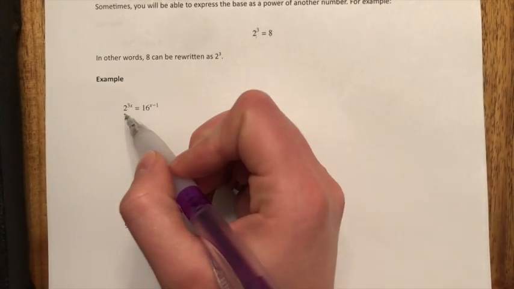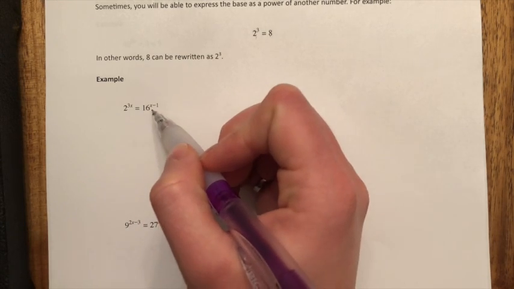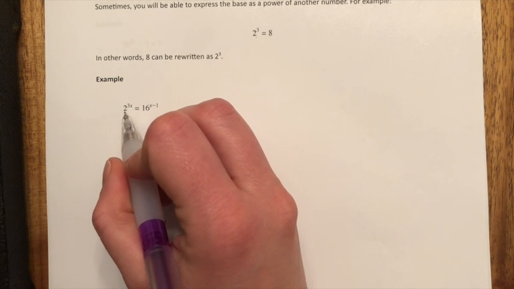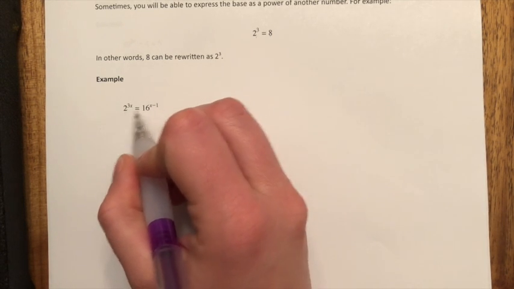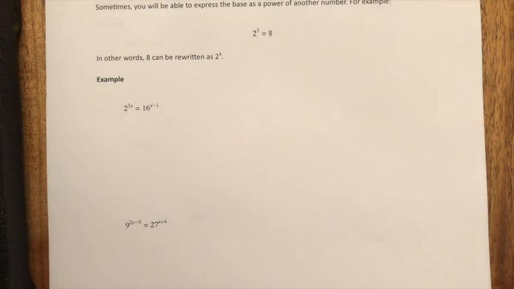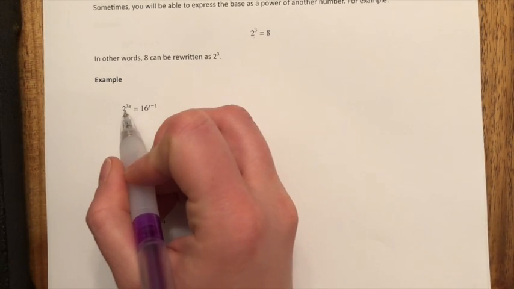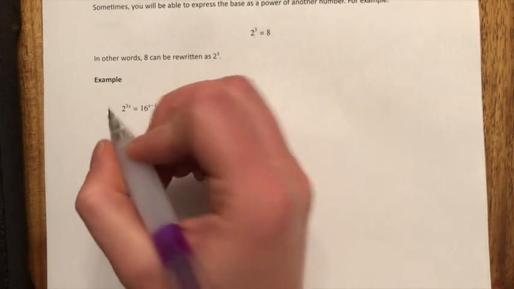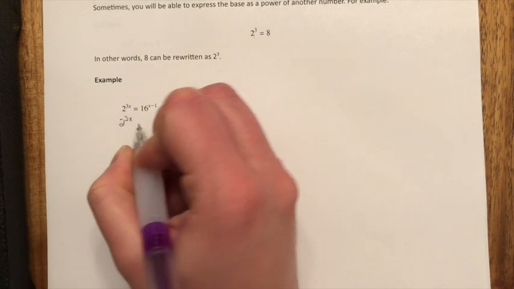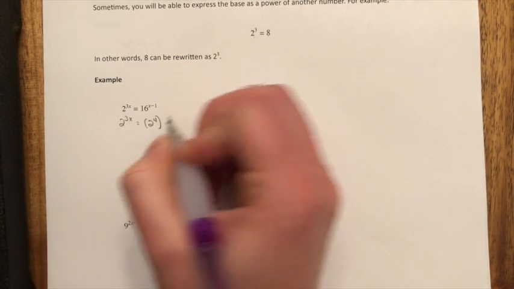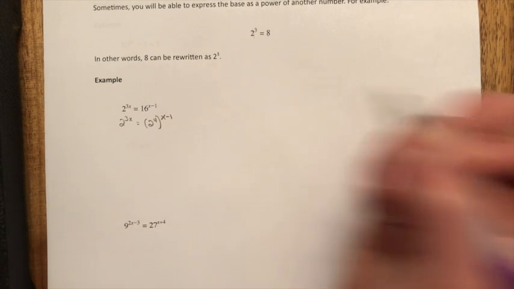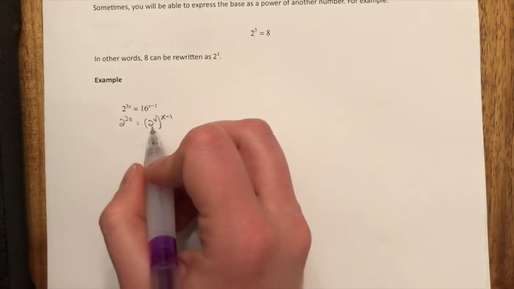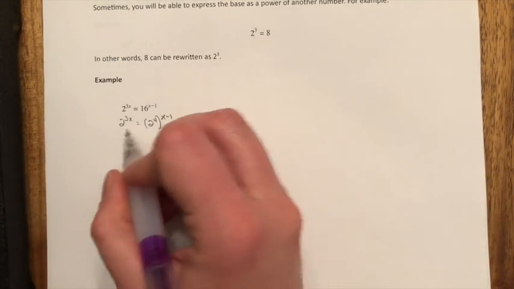So if I have 2 to the 3x equals 16 to the x minus 1, the first thing I need to look at is that these are both powers of 2. 2 to the 1 is 2, and 2 to the 4 is 16. So I could replace this 16 with 2 to the exponent 4, and that whole thing is still raised to the x minus 1. Now I'm on my way to having matching bases.